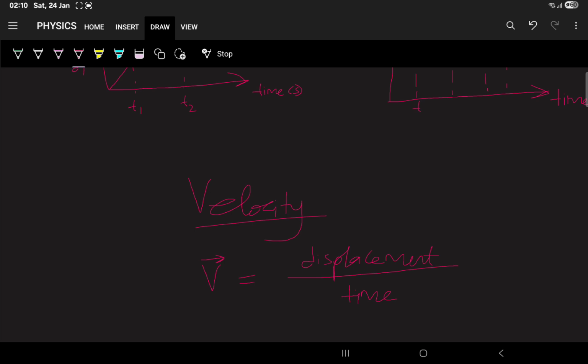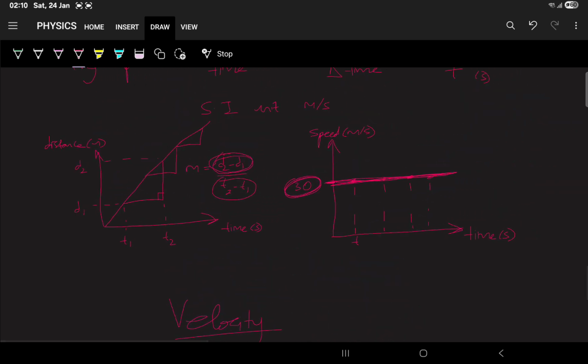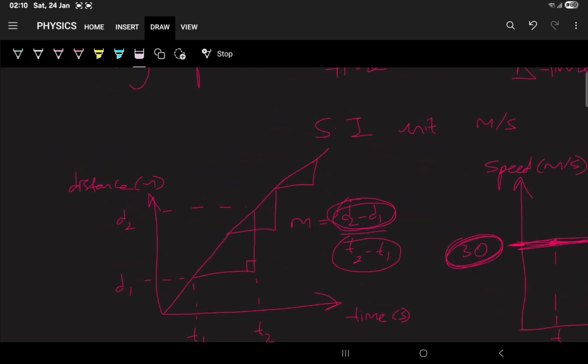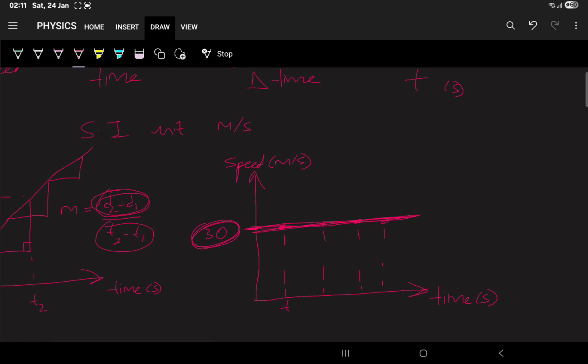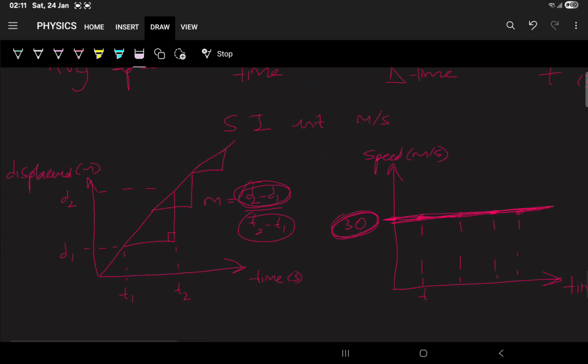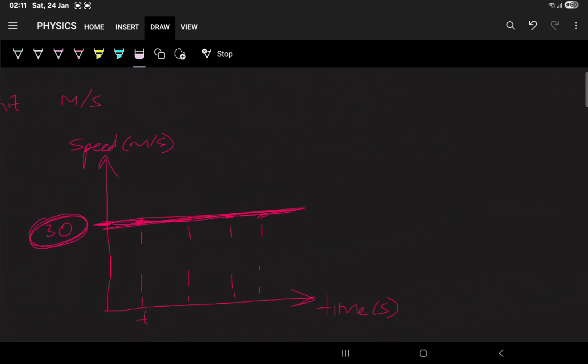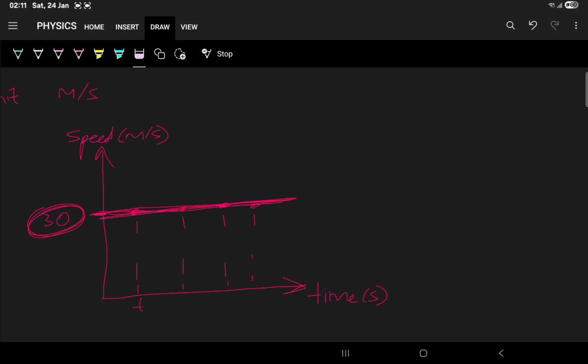Similarly, velocity, just like speed, has graphs. Now the differences aren't much. Whereas in speed we use distance time graph, in velocity it's just displacement time graph. So all you need to do there is change to displacement, and in the speed time graph, instead of speed we use velocity time graph.